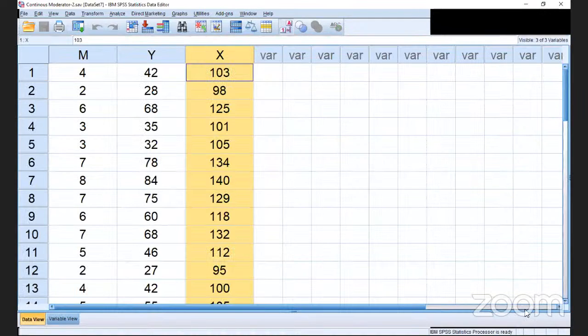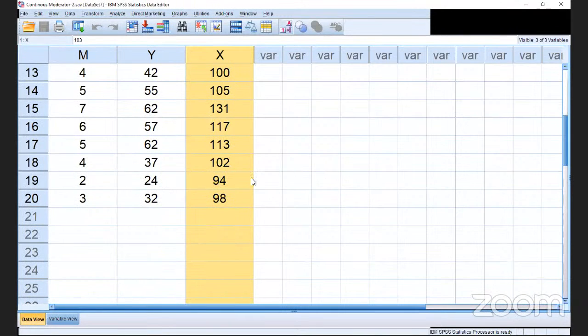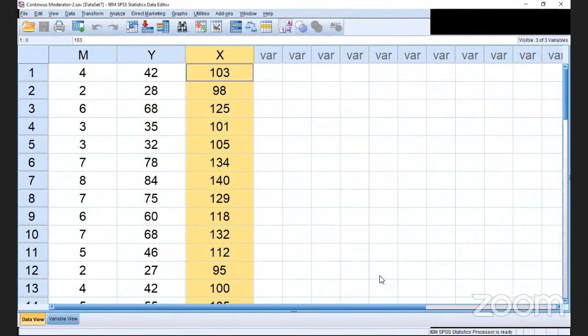Now we can see our data. It is data of 20 respondents.